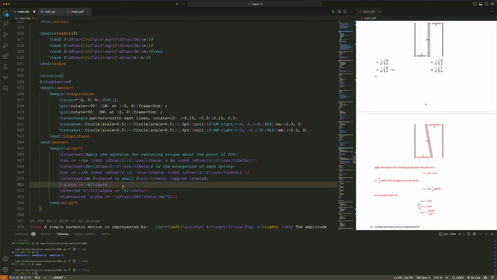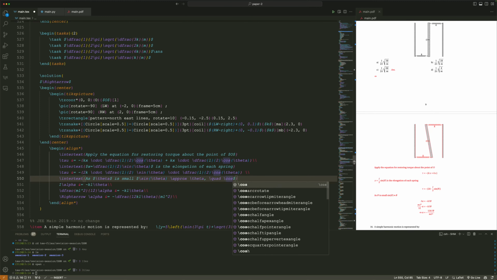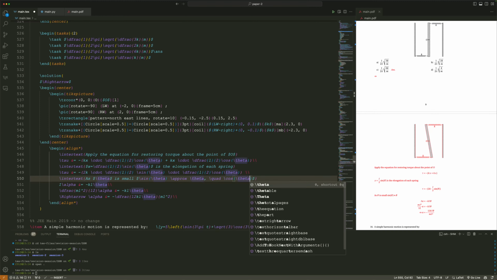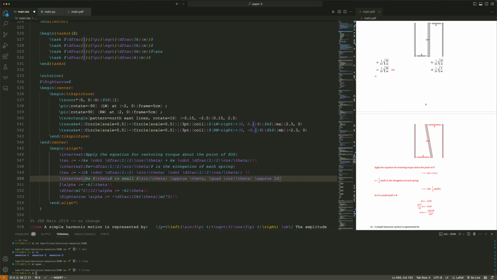In this part, cos of theta is approximately 1. This is the correct way.